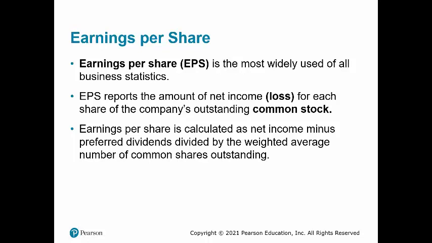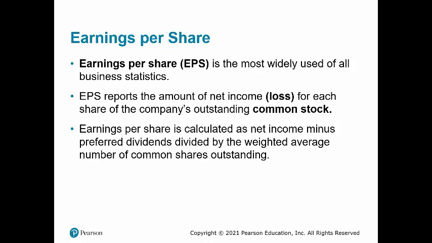So it's just per share, as it says. Because it's only for common stock, when it's calculated, you have to subtract any preferred dividends from net income, and then it's divided by the weighted average number of common shares outstanding.